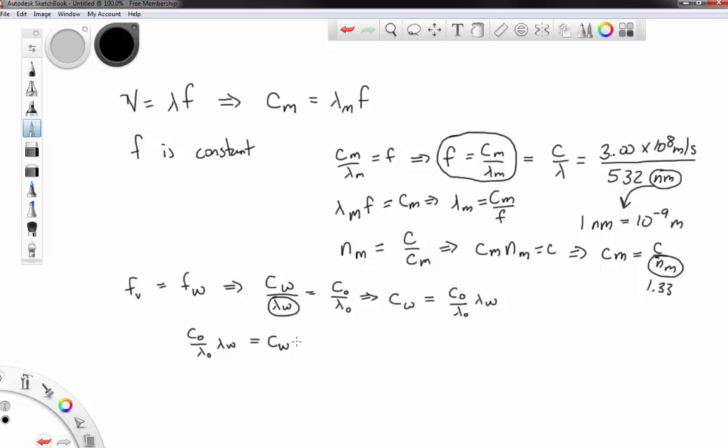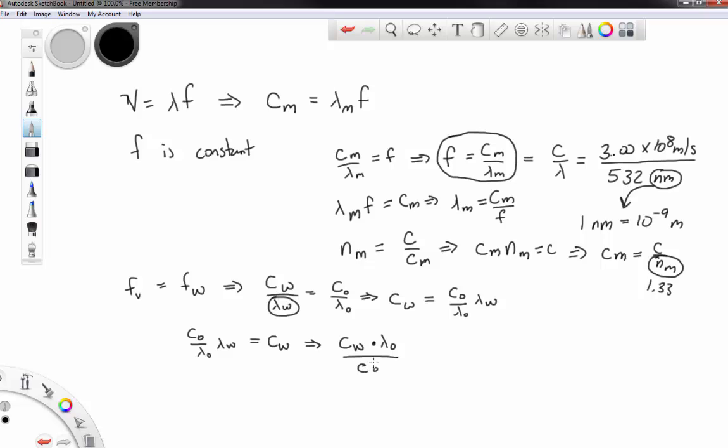Okay, here comes another tricky thing. We've got to get both of these terms over here onto the other side of the equation. So the way that we could do that is we have to multiply both sides by c naught, divide both sides by c naught, multiply by lambda naught. So now we have c water times lambda naught divided by c naught.